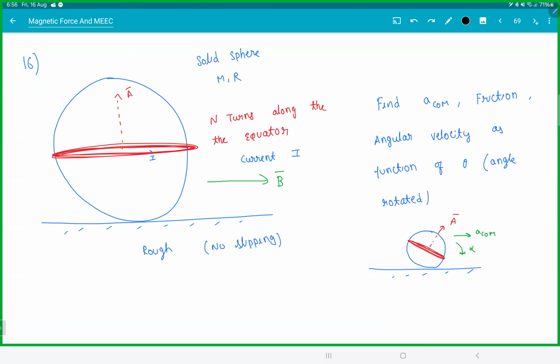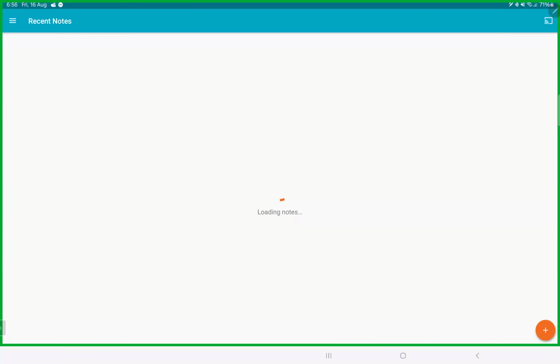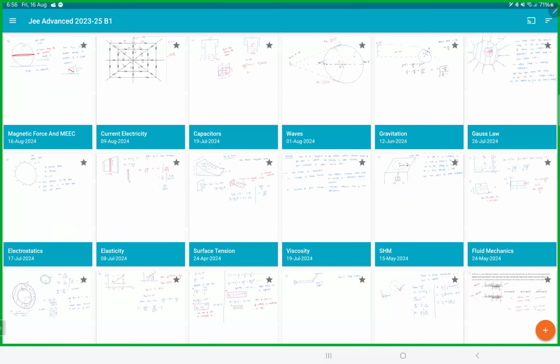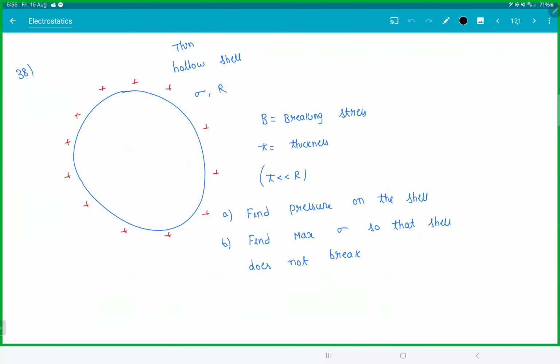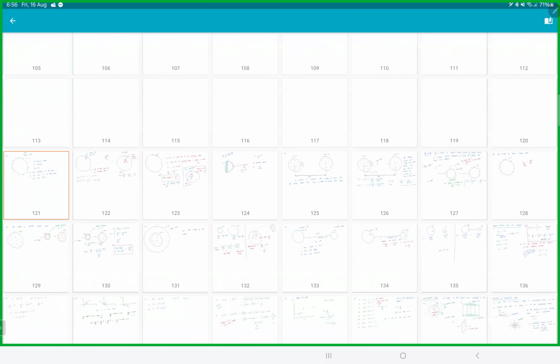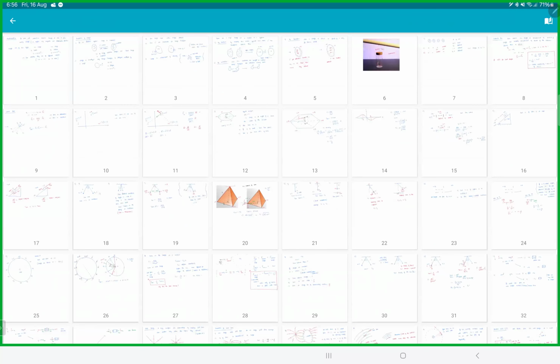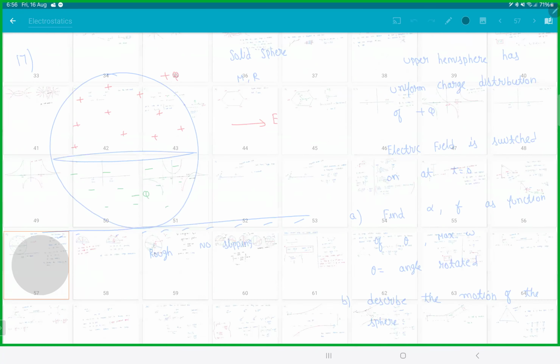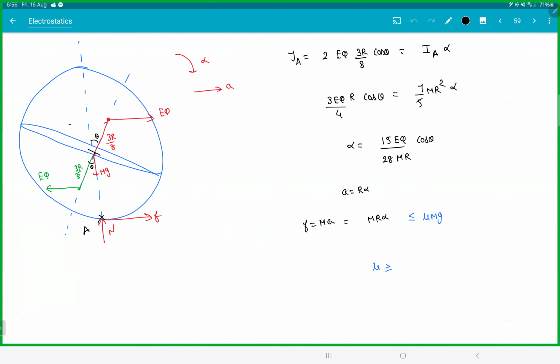And this is not new for you guys. You have seen something like this. Maybe the words I'm using are a little different here. Where did you see this? Yeah, the electromagnet question. Half solid sphere, positive, half negative.